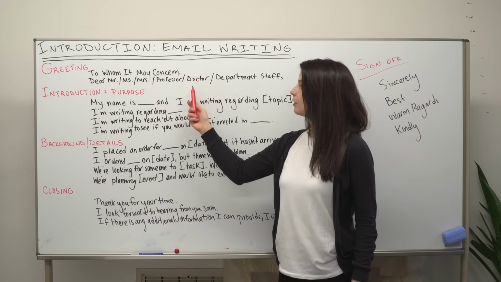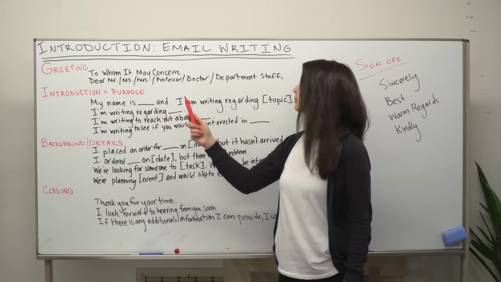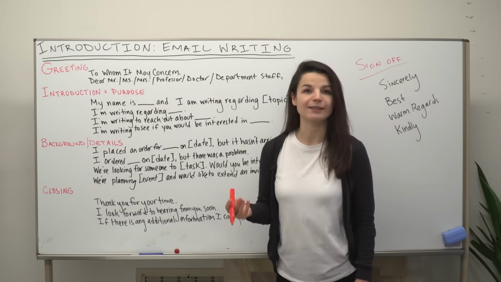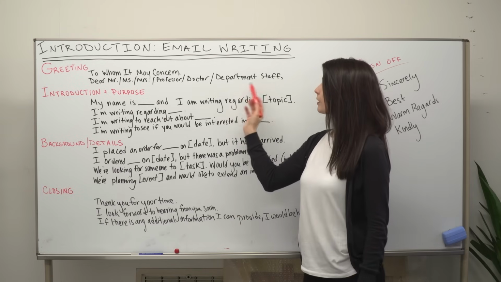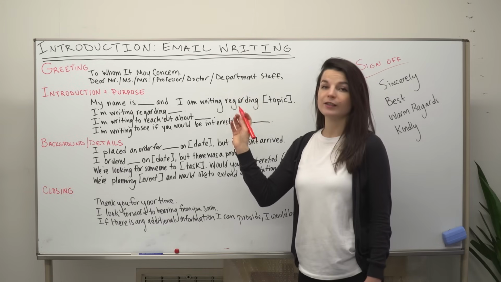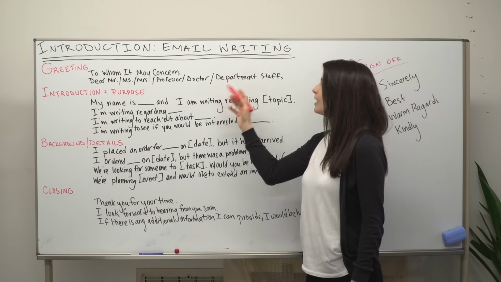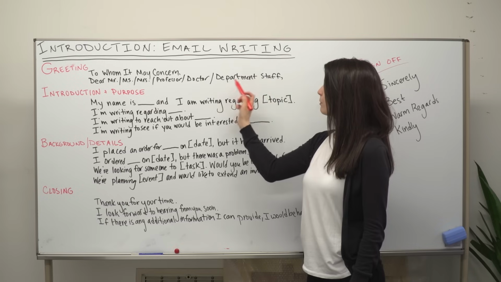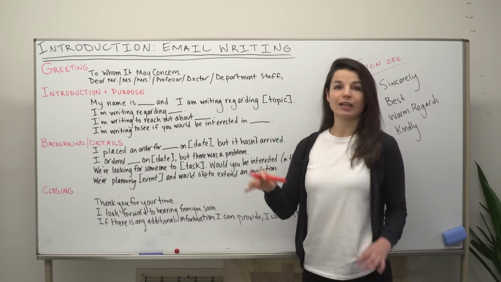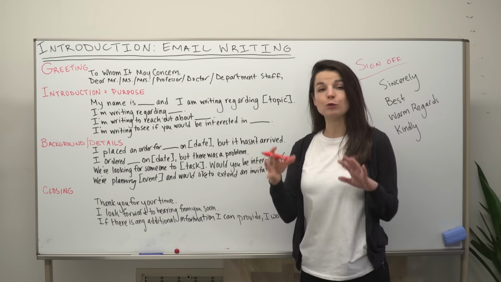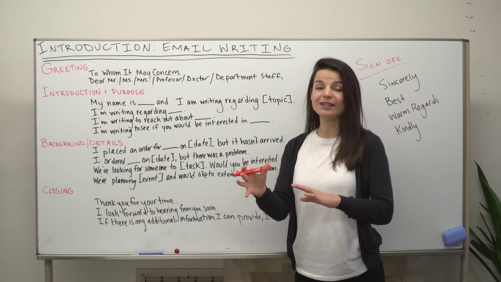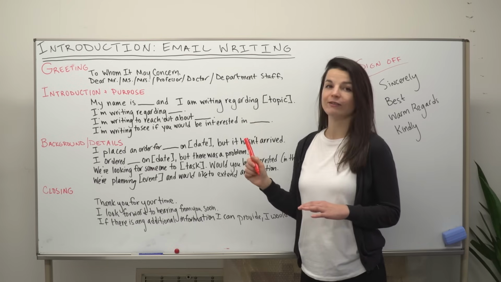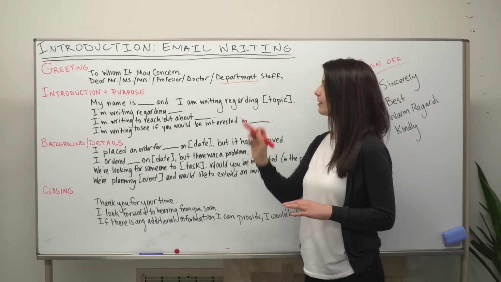If you know their title, you can use that in the greeting. Dear Professor XYZ or Dear Dr. ABC, for example. You can also use department names here. So dear, maybe international department staff, for example. You can use the name of the department and staff. If it's a little bit more general, like you don't know exactly who to send it to, but you do know the department, you can use department staff there. So department name in this case.